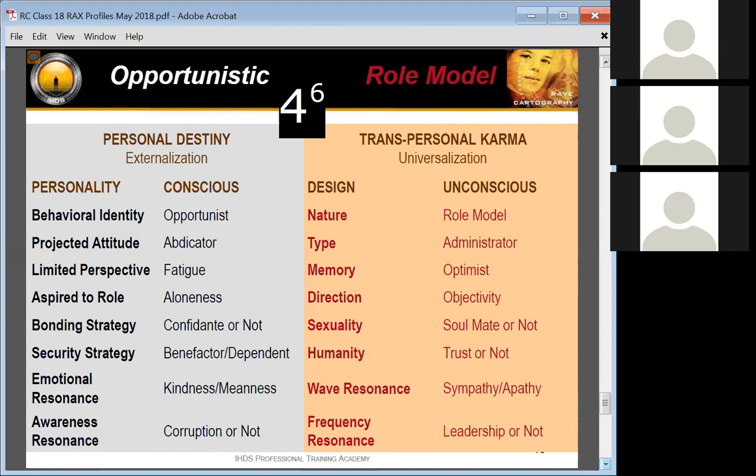Now we start to very much move into a solid foundational ground of the upper trigram. This is the only cross, you can look at all the cross numbers, the only cross that's absolutely purely transpersonal. That means both lines are in the upper trigram.